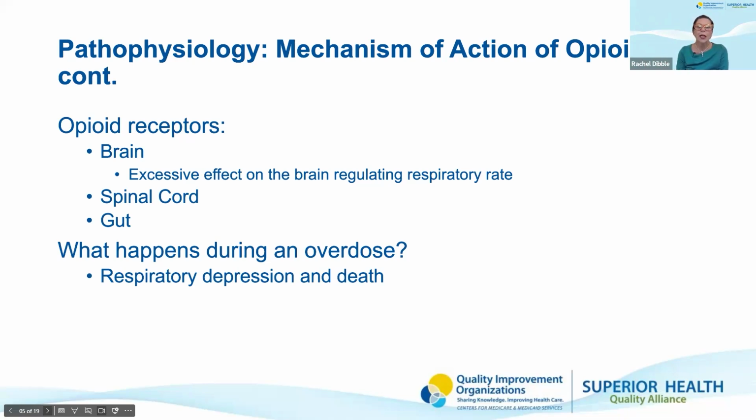So what happens during an overdose? You stop breathing. It's really as simple as that, because your receptor is in your brain. Your brain is saying, stop breathing, because that's what's being affected. And then you pass away. It is that quick, the body chemically responding, and then death is the outcome. Next slide, please.